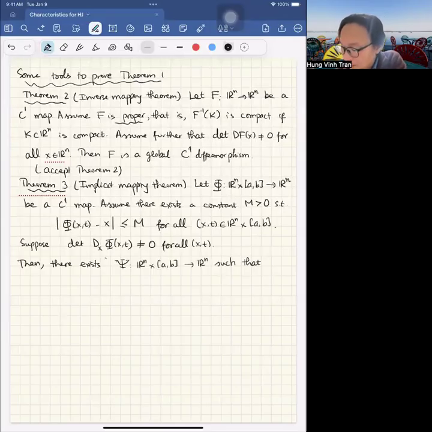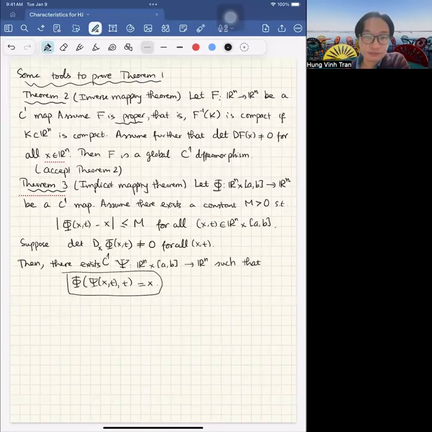There exists a C1 map such that phi of C of xt, at t, would equal x. So it's kind of identity in x, right? Okay. So let me give you a proof of this.